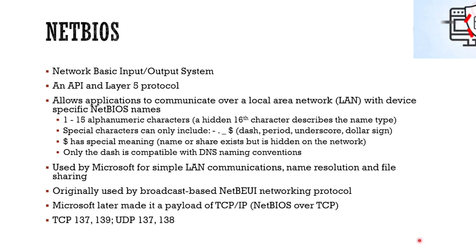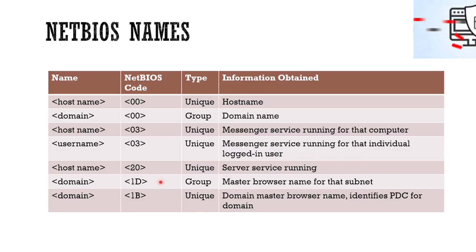And again, it discovers other hosts by broadcast, so that's why there are several ports, for broadcasting, for responses, for opening up sessions. Here are the NetBIOS names. You don't need to memorize this, but just so you're not surprised when you see these. You'd have the name or the domain name, followed by the 16th character, which implies a code here.